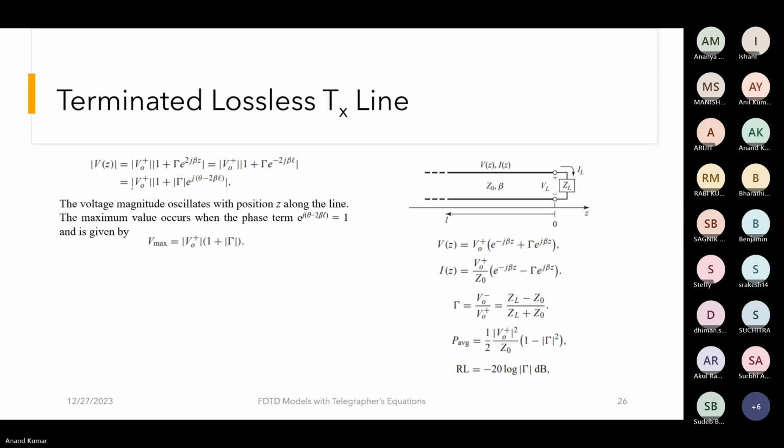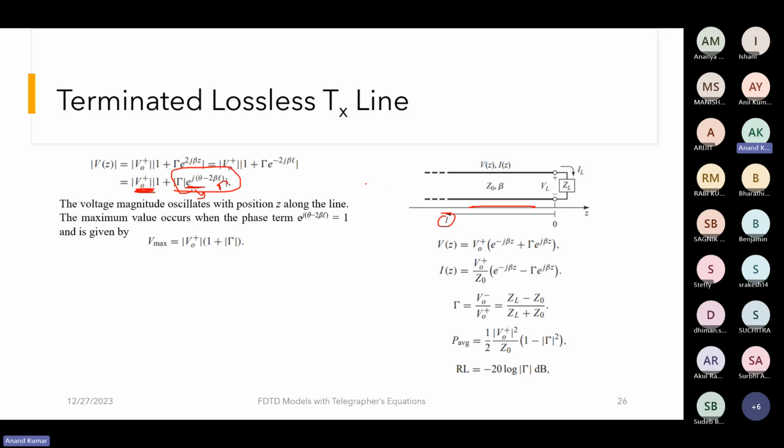So we have a constant magnitude over here, and the voltage magnitude oscillates with position z across the line. If you move across this line, your L value will change. If your L value changes, this function will give you different values, and this will again change the value of this term, and then this will add to and subtract from this V naught plus term.